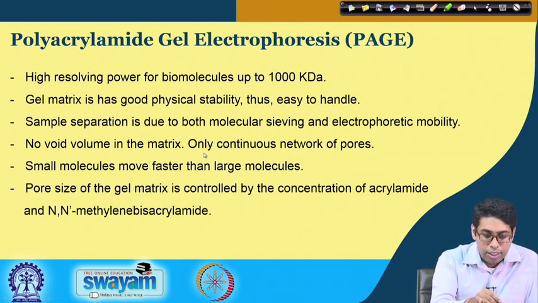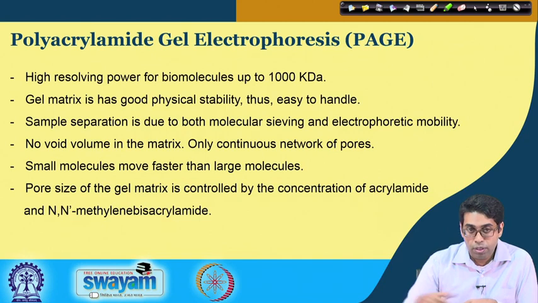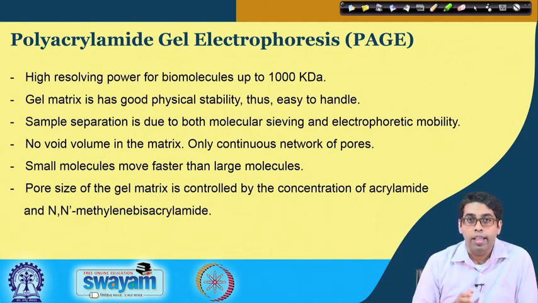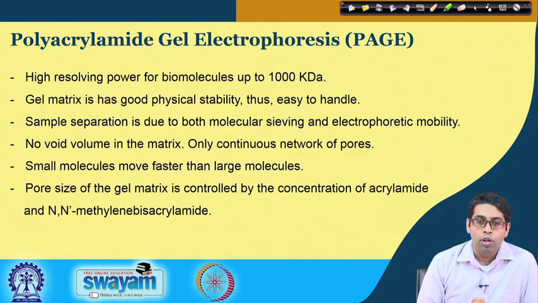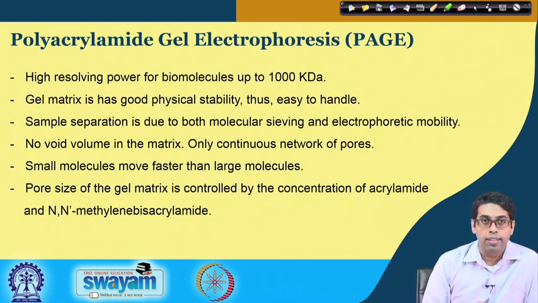So, in this SDS PAGE gel and also in agarose gel, they have only a continuous network of pores, which means that in case of size exclusion chromatography, larger molecules can enter the void volume, and so they can quickly reach the end of a SEC column. But in this case, all the molecules will have to pass only through pores, since there are no void volumes. So, small molecules can move through both small and large pores. So, they move faster, and larger molecules move slower. So, this is opposite of what we have seen in case of size exclusion chromatography.